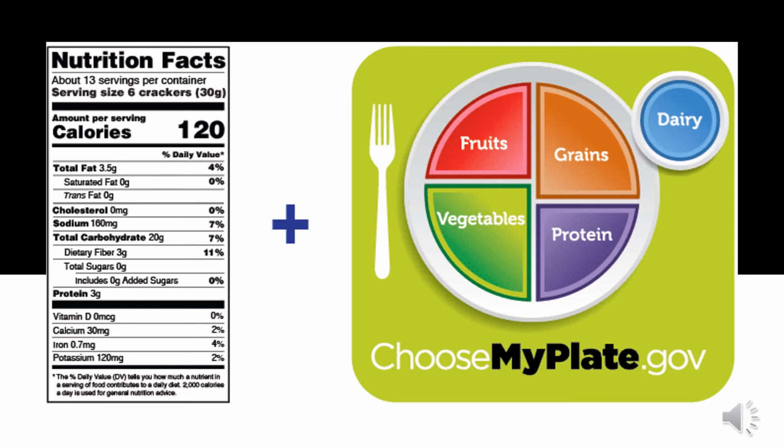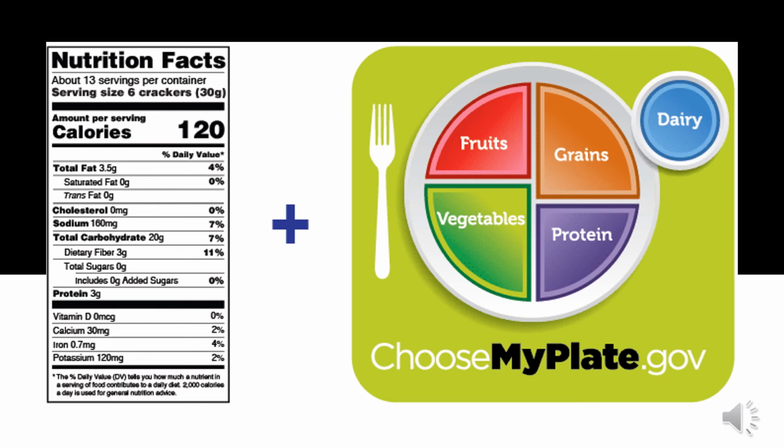Of course, this is not one of those huge platter plates that we as Americans would like to see. This is a regular dinner plate divided into 4 sections, having smaller amounts of fruit and protein and more of grains and vegetables, and then having some sort of dairy.